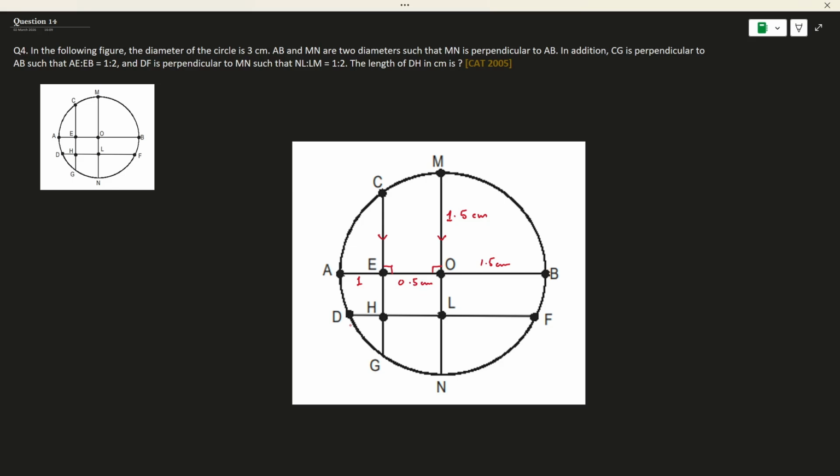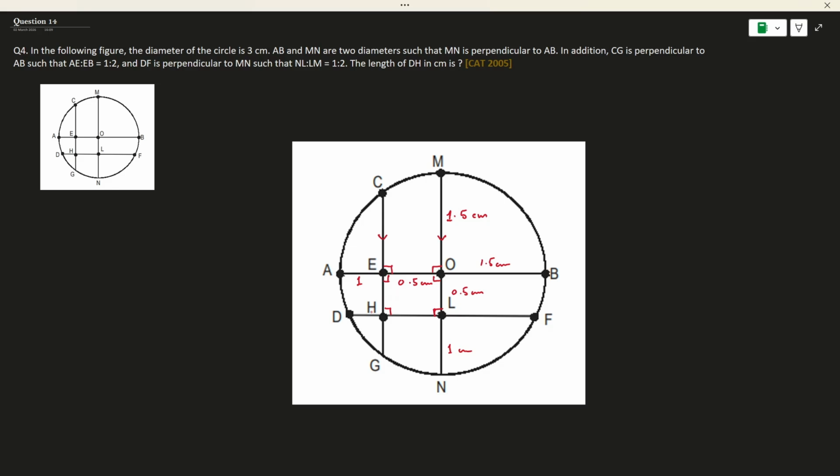DF is perpendicular to MN, that means this is also 90 degrees. LN is 1, LM is 2, so this is 1 centimeter, this is 0.5 centimeters. Three angles are 90 degrees, and this fourth will also be 90 degrees, adjacent sides are equal, so this is a square, so everything is 0.5 centimeters.